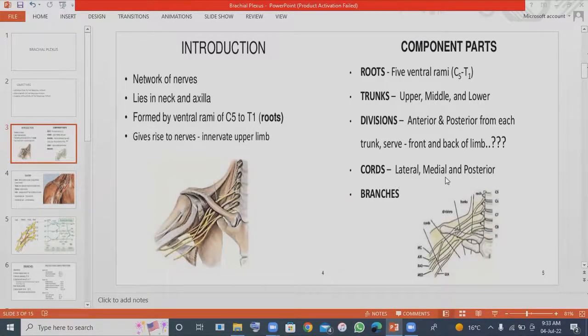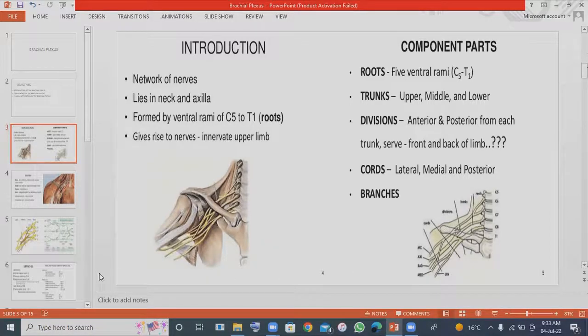Then from the cords, you have the terminal branches, which I talked about, the musculocutaneous nerve, the median nerve formed by 2 roots, one root coming from the lateral cord, other root coming from the medial cord to form the median nerve. Then from the medial cord, you have the ulnar nerve. Then from the posterior cord, you have 2 nerves, one smaller nerve, the axillary nerve, and the larger nerve, the radial nerve. Okay, so that's just an introduction to the brachial plexus.